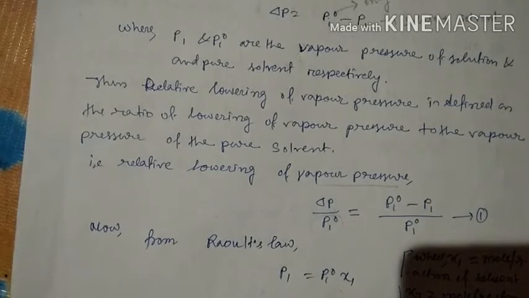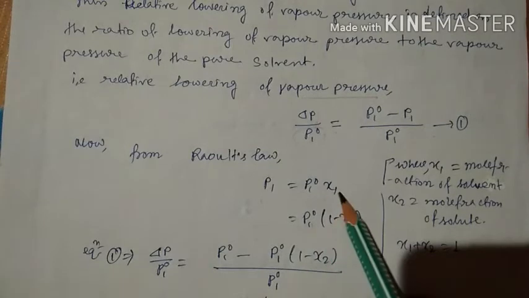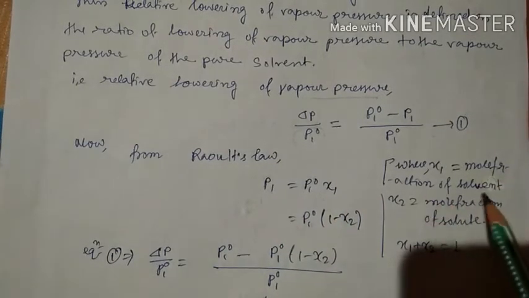Now what do we know from Raoult's law? From Raoult's law we know that P equals P0 xi. Here 1 is for the solvent.